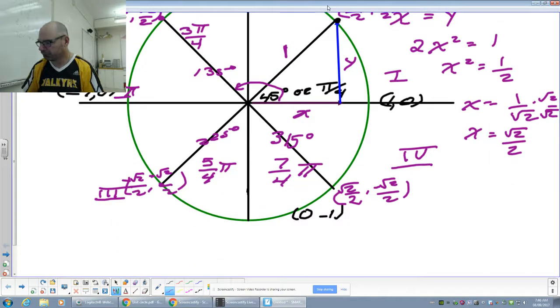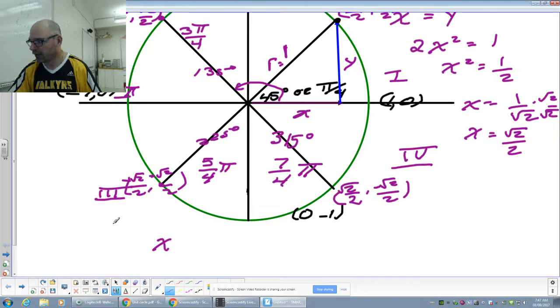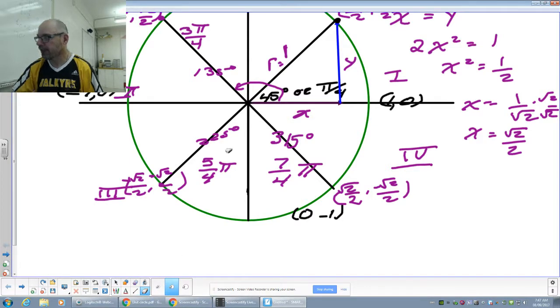We know that x, for our case here, and y and r. We're going to call this r for radius, and x and y there. I won't start with the x, sorry. Let's start with sine.